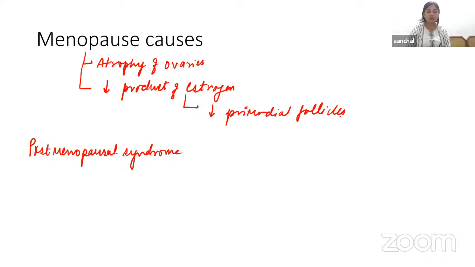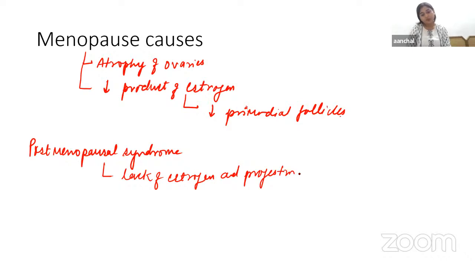The main cause of postmenopausal syndrome is the lack of estrogen and progesterone. Symptoms may persist till the body gets acclimatized to the absence of estrogen and progesterone. So what are the symptoms of this postmenopausal syndrome?